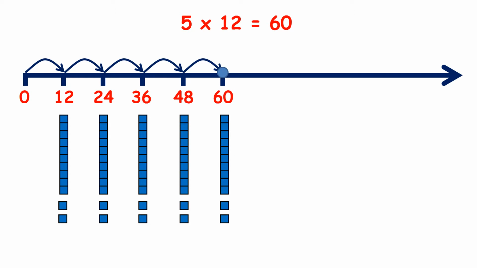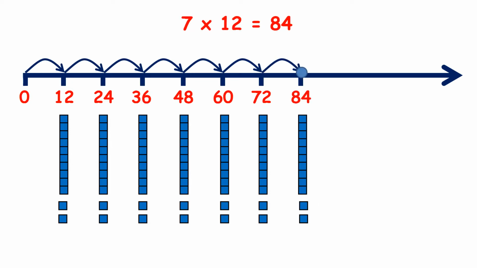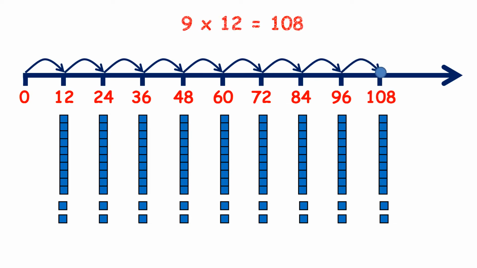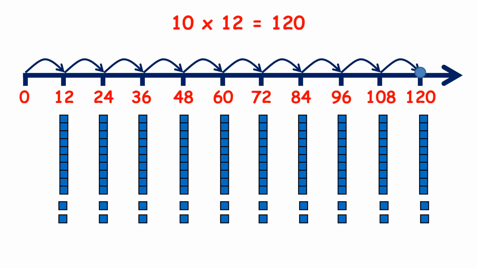5 times 12 is 60. 6 times 12 is 72. 7 times 12 is 84. 8 times 12 is 96. 9 times 12 is 108. 10 times 12 is 120.